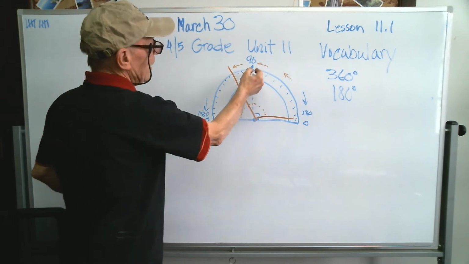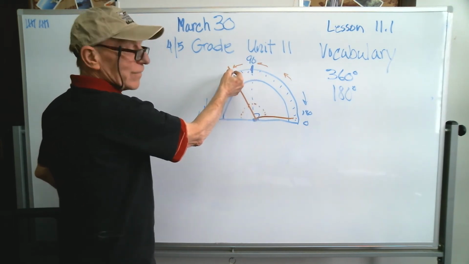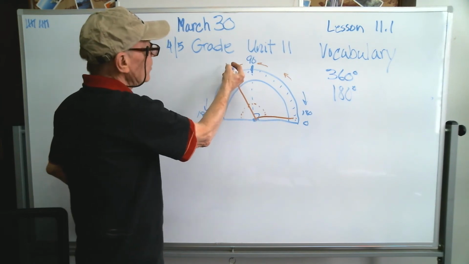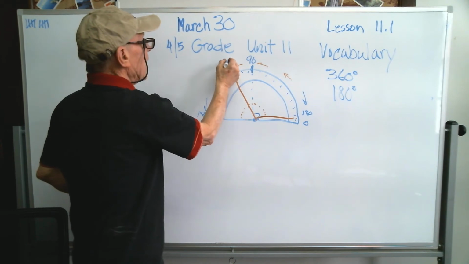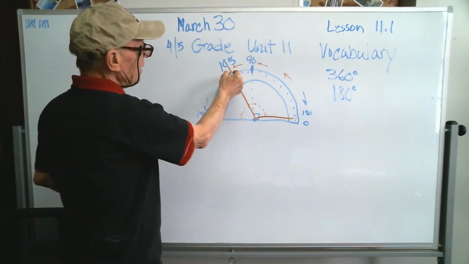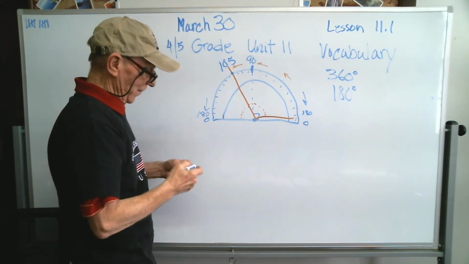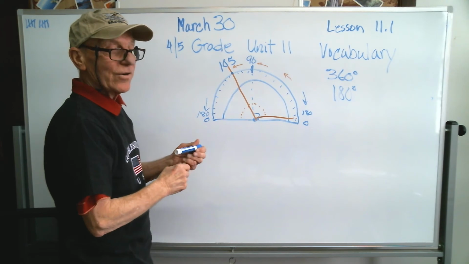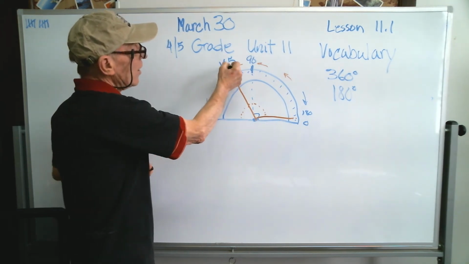And so we see this is 90. It's further than 90, so this could be maybe 105 degrees. And you would see that number on the protractor.